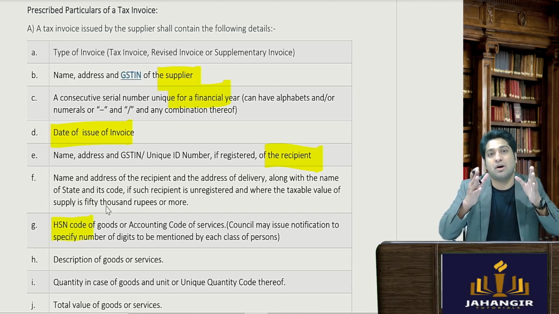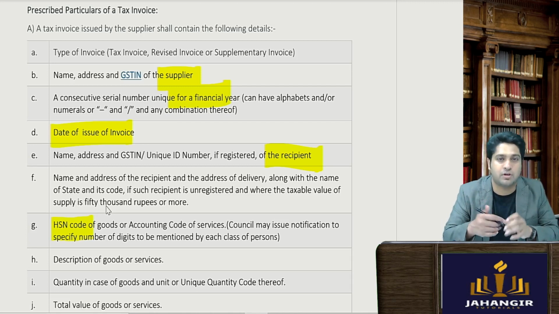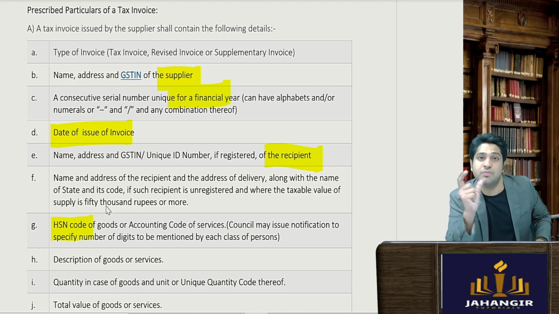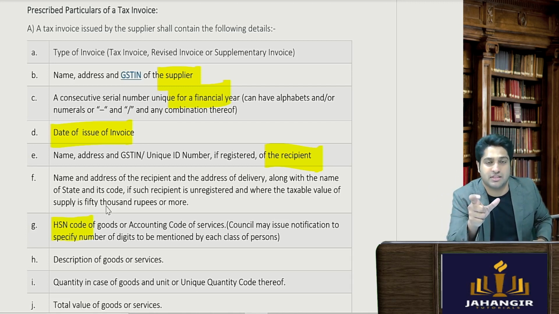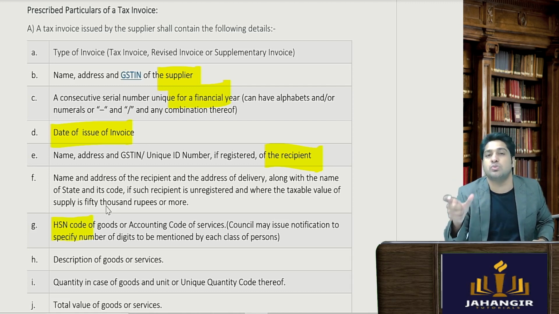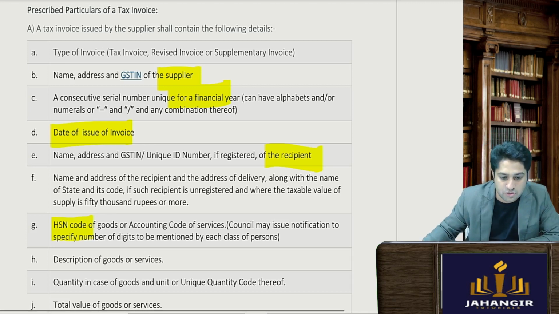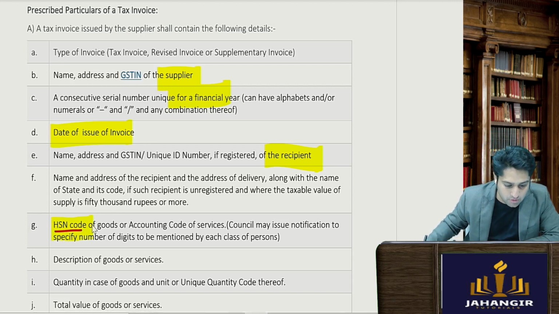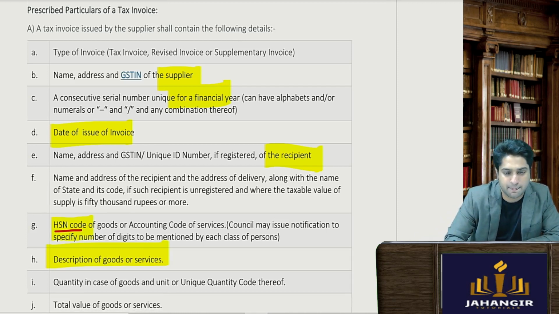If they are all in the category of laptops, maybe the heading would be the same, laptops, and then in the subheadings you would have notebook laptop, foldable laptop, touchscreen laptops, SSD laptops, etc. So this is about the HSN code. Then you would have the description of the goods and services.